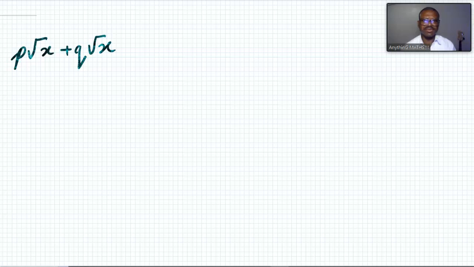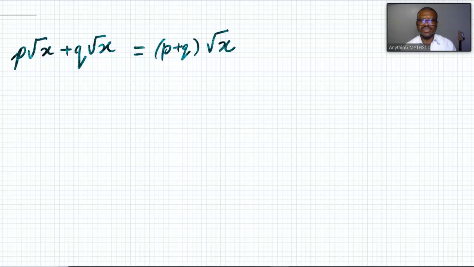You can see that root x is common to both of them, and that's the reason why you can add them. If they have different surds, you need to do adjustment to them before you can add them. Some examples will help you to understand this better. But the general formula is this. You're going to have p plus q root x.